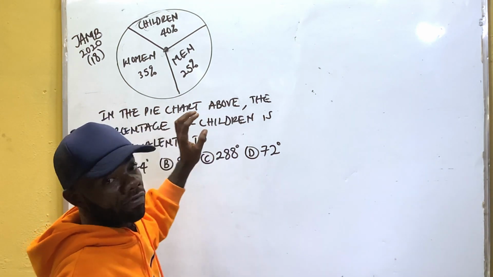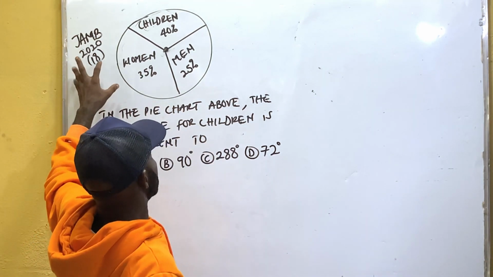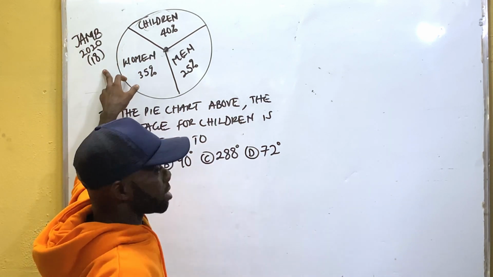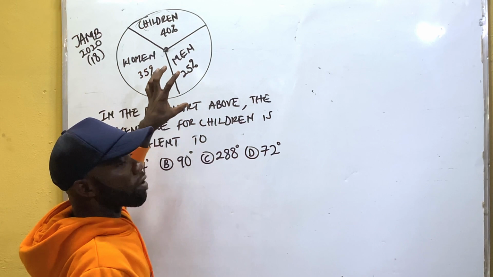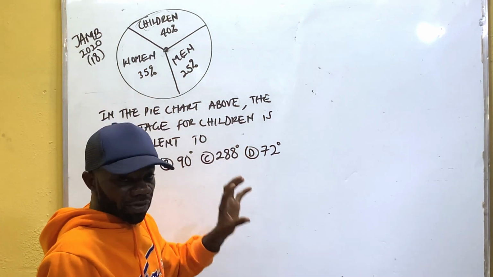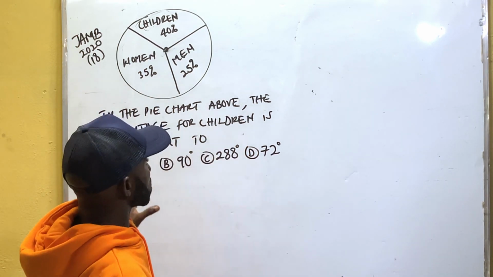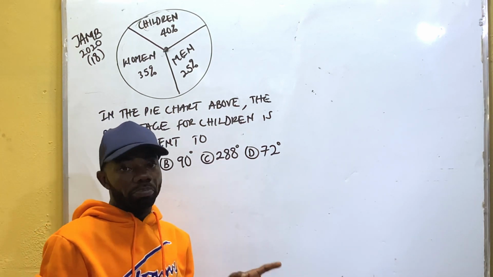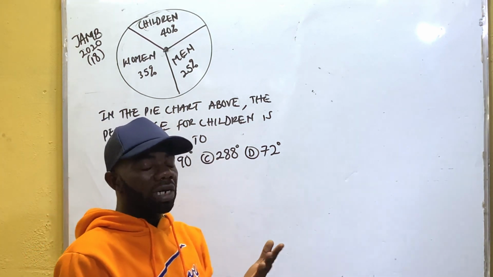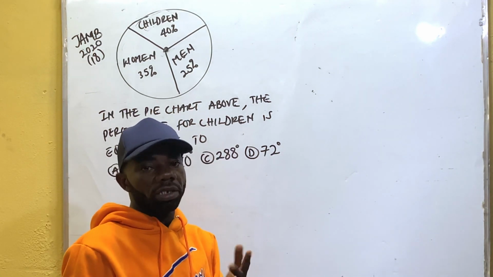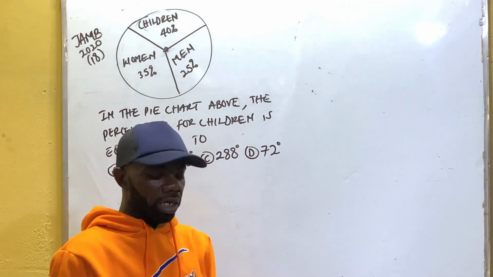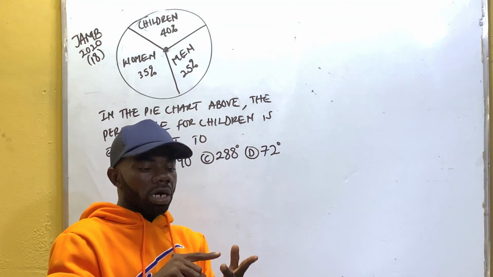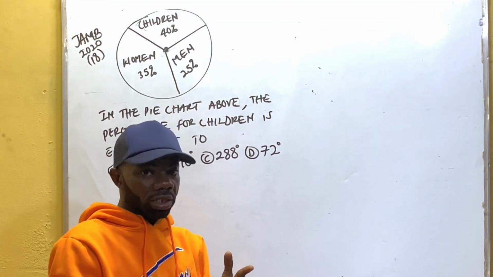Now this is a question from statistics, and it is same JAM 2020, and then question 18 this time. A question from pie chart, specifically under the topic called statistics, can best be approached if we remember that it deals with three possible components: degrees, percentages, and quantities.